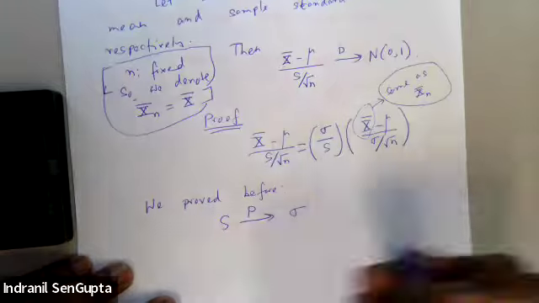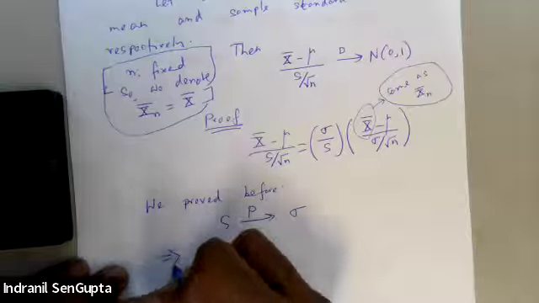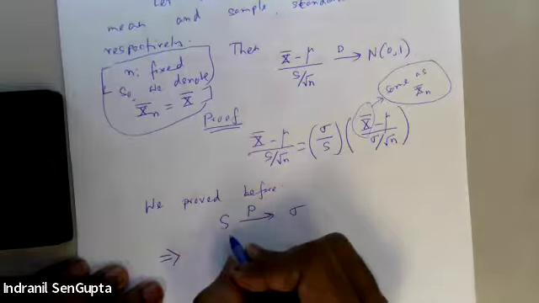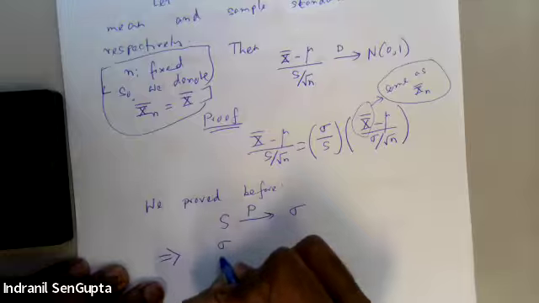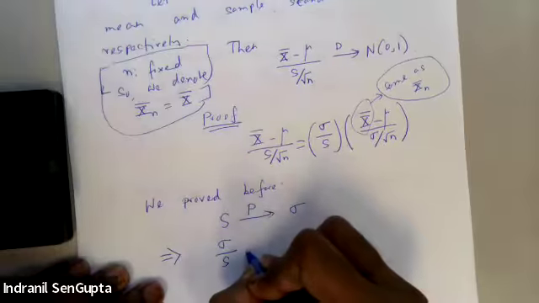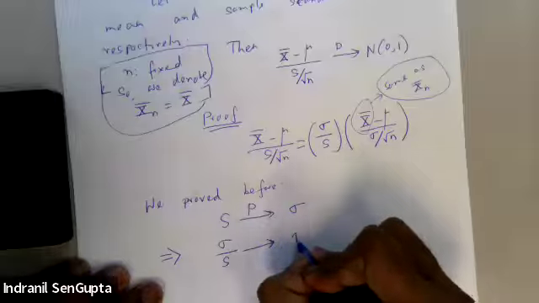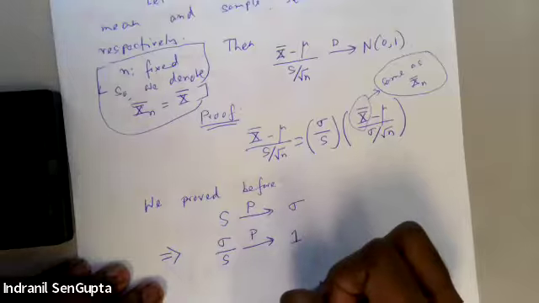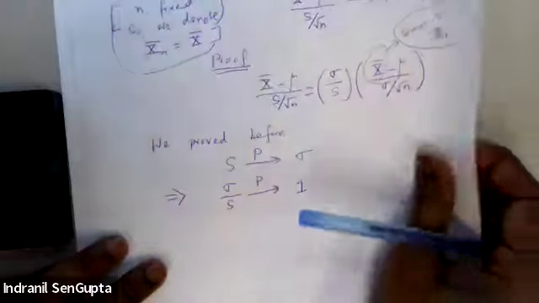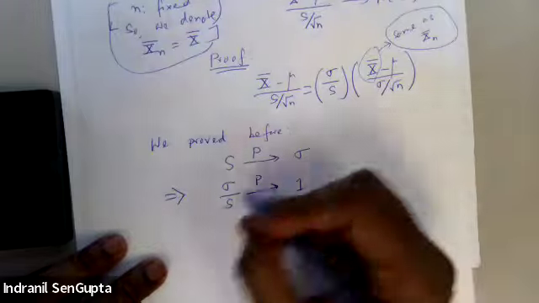Therefore, I can write sigma over S is converging to 1 in probability, to the number 1. This is by using various results of the previous section.